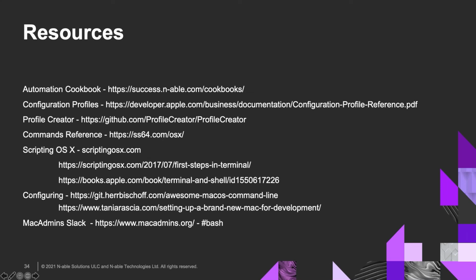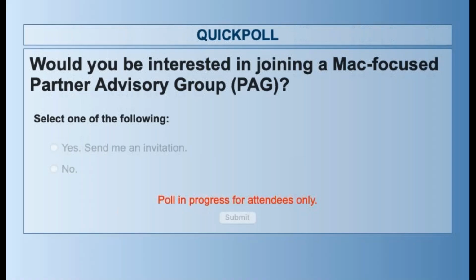So before I get to the Q&A, if you have any questions, please feel free to go ahead and put them in there. I am going to ask you 2 more questions. So a quick poll: would you be interested in joining a Mac-focused partner advisory group?